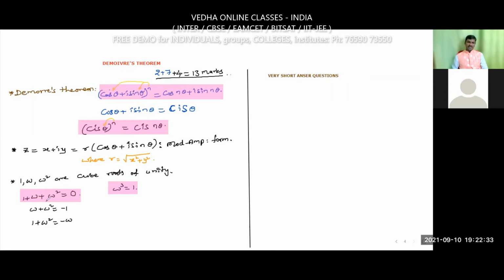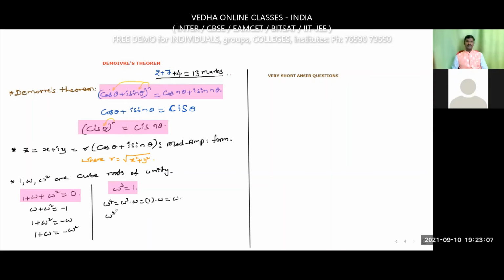If you want 1 plus omega, then it is minus omega square. And omega cube value is 1. Now if you want omega power 4, it is nothing but omega cube into omega. Omega cube is 1, so 1 into omega, that is omega only.